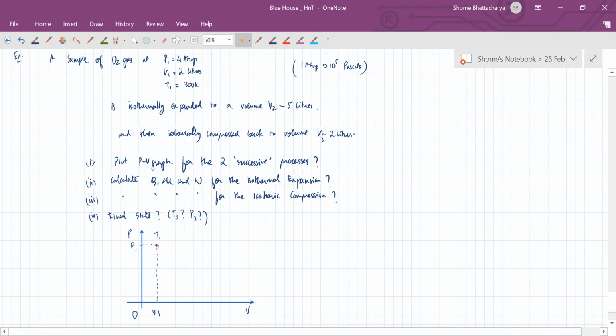So it's going like this. Hyperbolic curve. So this is our first process.